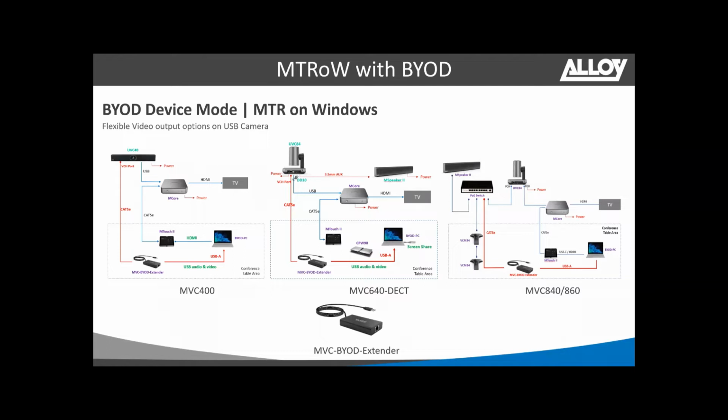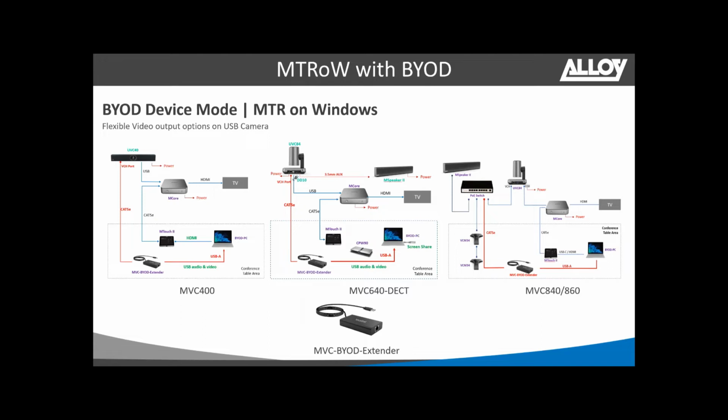Okay, so we've got the camera, the speakers, and the mics. Now we also need to be able to push whatever presentation or application we're running on our computer up to the front of room TV as well. To do that, we need to connect a second cable from the MTouch panel.